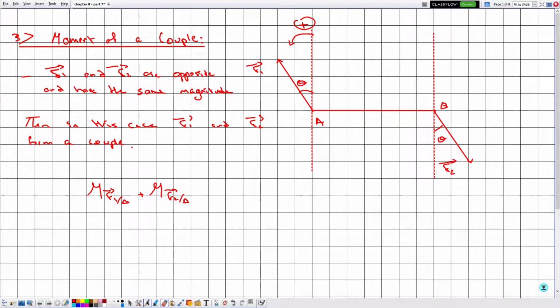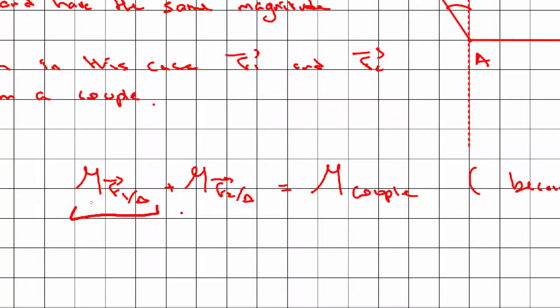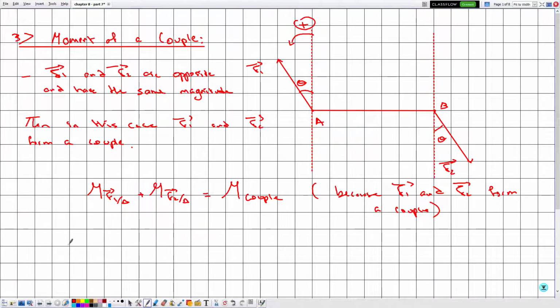So this can be calculated in an easier way, which is equal to the moment of the couple, because F1 and F2 form a couple, and instead of calculating the moment of the force F1 and the moment of the force F2 separately, one can directly calculate the sum which is given by the moment of the couple.